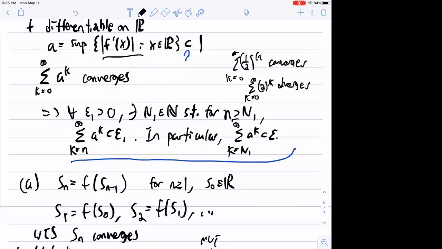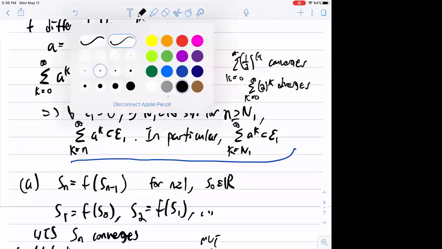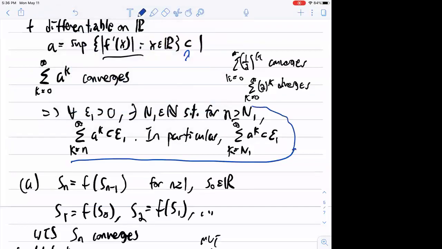This should be epsilon 1. But yeah, I'm going to choose my epsilon 1 to be epsilon over S1 minus S0. You'll see why I do that, because I did the scratch work beforehand.